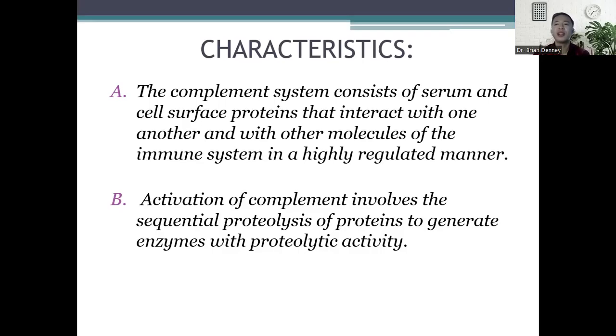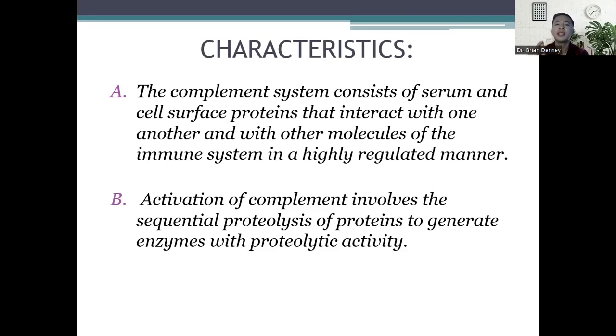Therefore, the word serum here actually refers to the soluble complement proteins, whereas the cell surface proteins refers to the cell-bound complement proteins. I hope you get that. They interact with one another and with other molecules of the immune system in a highly regulated manner. Now, that might be too much for you to absorb. Let me rephrase it in simpler terms.